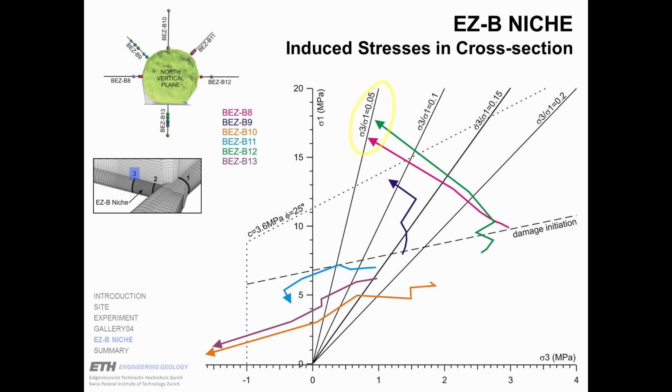And in fact, a spalling limit of 0.05 has already initially been proposed as a condition for the formation of macroscopic fractures. And this is more or less also what we see. We see that in the borehole BZB8, which is this borehole, and in borehole BZB12, which is this borehole, we can just see macroscopic fractures at the borehole collar, where the stress ratio is very close to what was already postulated for the formation of macroscopic fractures.